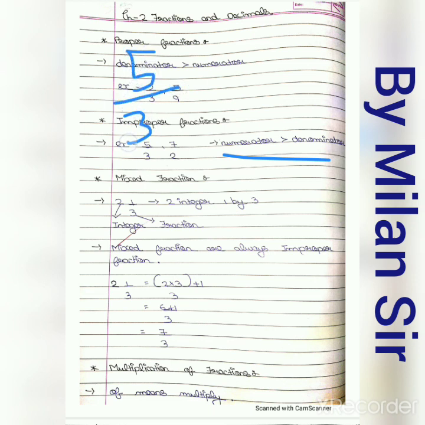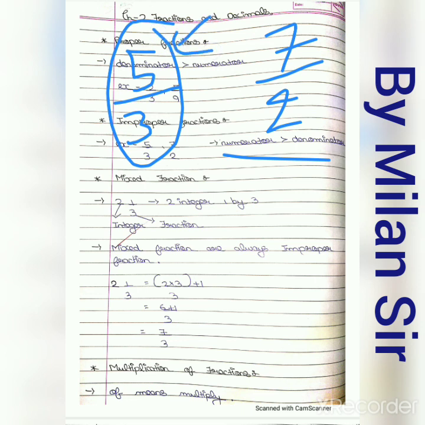First of all 5 by 3, then 7 by 2. Here you can see that your numerator is greater, so it's an improper fraction. Here even your numerator is greater than the denominator. It's an improper fraction. Right? So in an improper fraction, our numerator is always greater than the denominator.